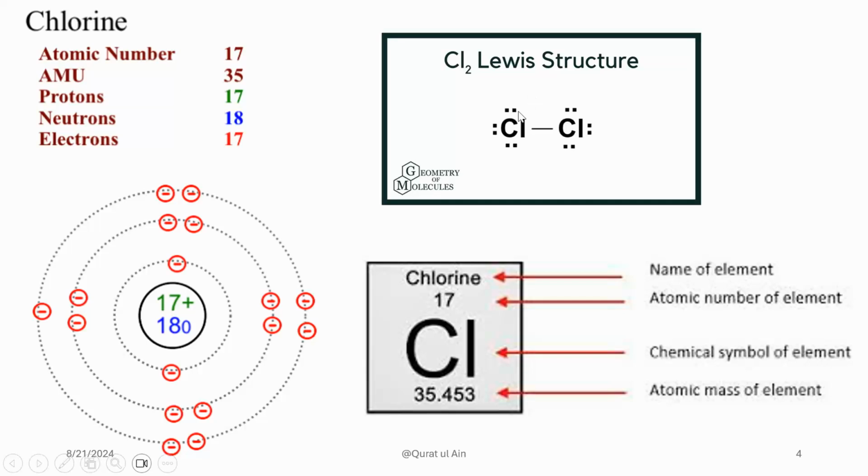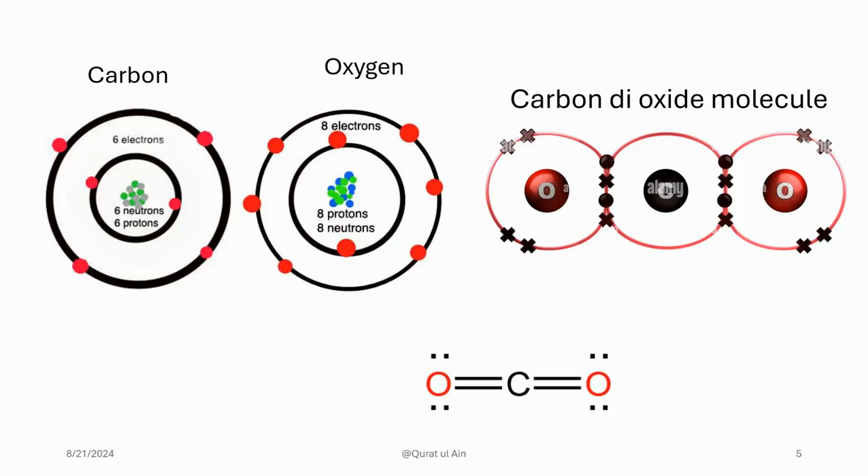So the bond forming between the two atoms in a chlorine molecule forms because of the sharing of a single unpaired electron coming from each atom. We show the single bond with one dash line, and the remaining lone pairs of electrons that are not involved in any bonding we show with dots. This is how we make the Lewis structure or electron dot structure of the chlorine molecule.